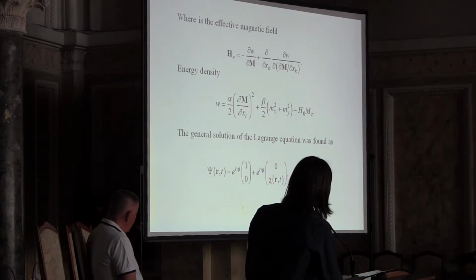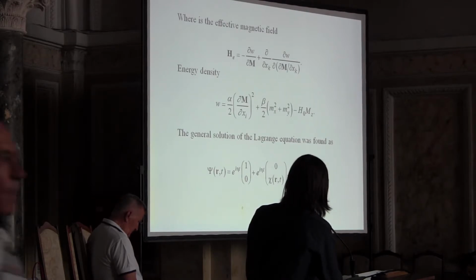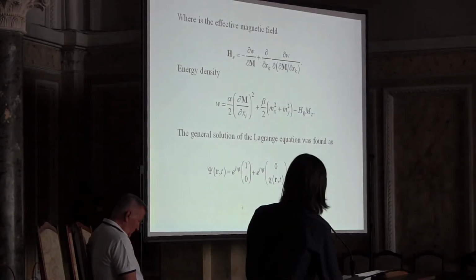And the second part describes some fluctuation from this main state. But basically, it describes the precession of spin.